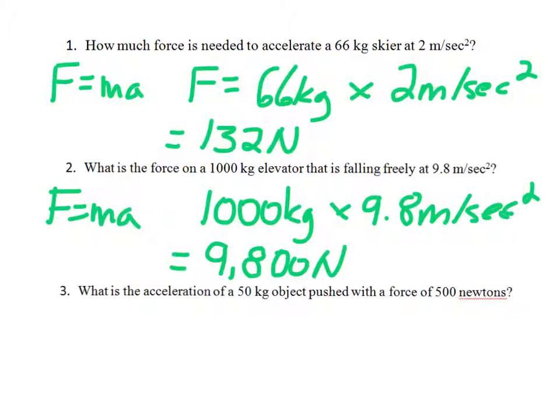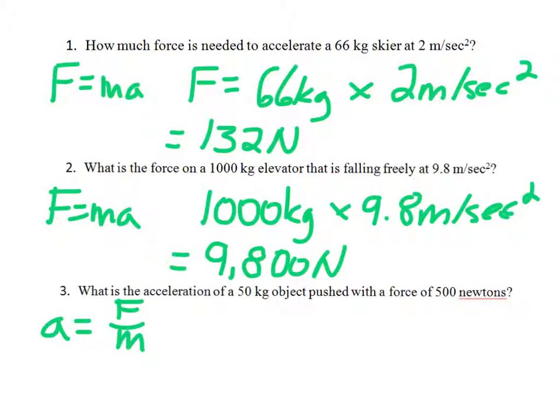The very last one is a little bit different. This one says, what's the acceleration of a 50 kilogram object pushed with a force of 500 newtons? So we need to use our other calculation from this front side. Our acceleration equals force divided by mass.